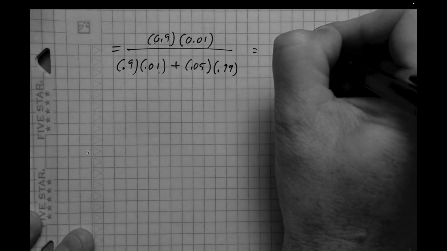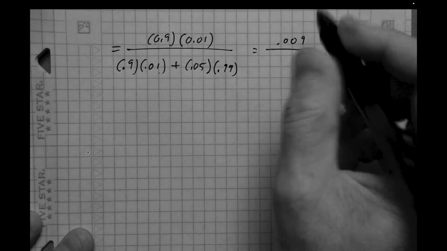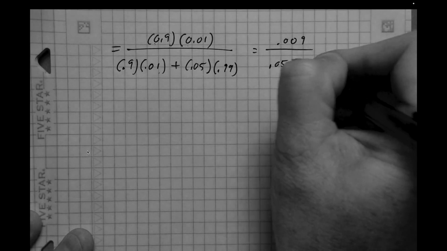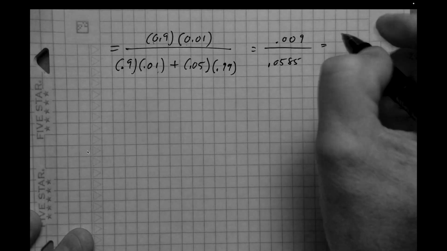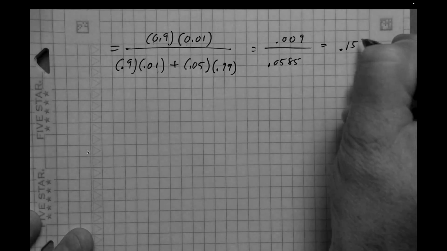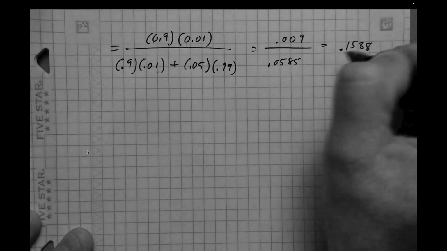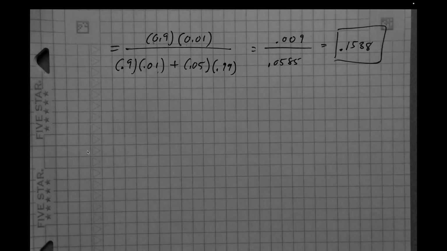Up top, you should get 0.009. Down below, you should get 0.0585. And so altogether you get 0.1538. So about a 15% chance. So if you get a positive result, there's about a 15% chance that you actually have the disease, which seems a little bit strange, right?